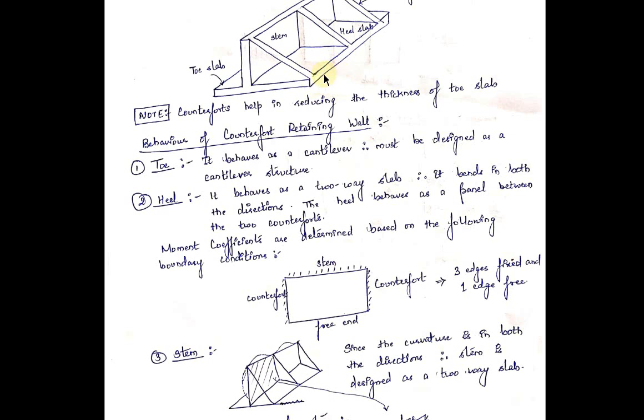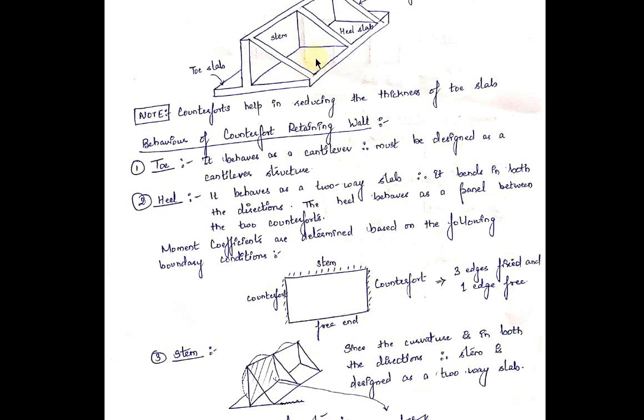Therefore the heel slab behaves as a two-way slab. Since it bends in both the directions, the heel behaves as a panel between the two counterforts. If you see this part of the heel slab, it is between these two counterforts, and therefore this part of the heel slab behaves as a panel between the two counterforts.